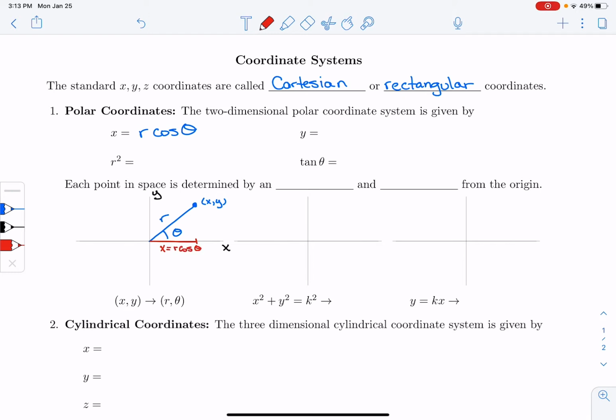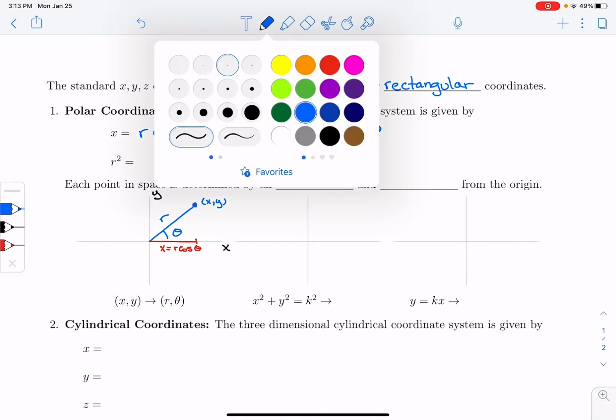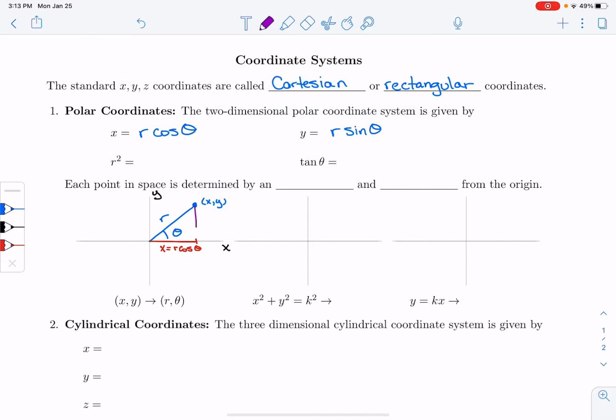And then y is going to be r sine theta. So here we're going to say that this distance vertically is y equals r sine theta. And that's how you can change from polar coordinates, r and theta, to x and y.